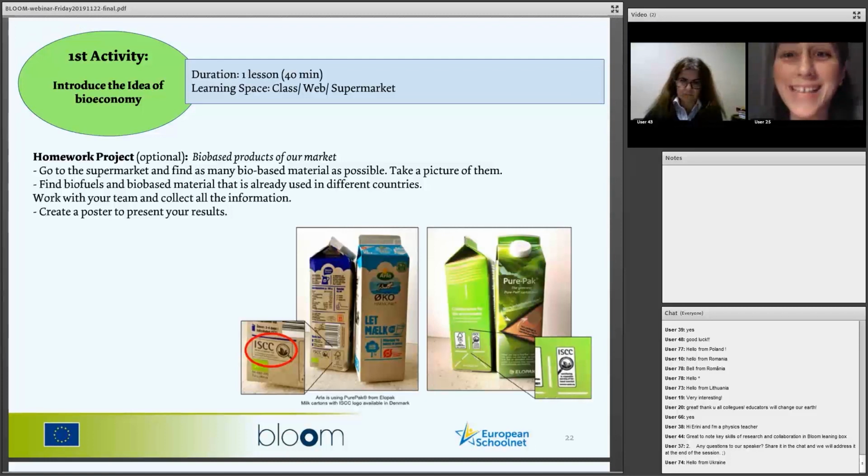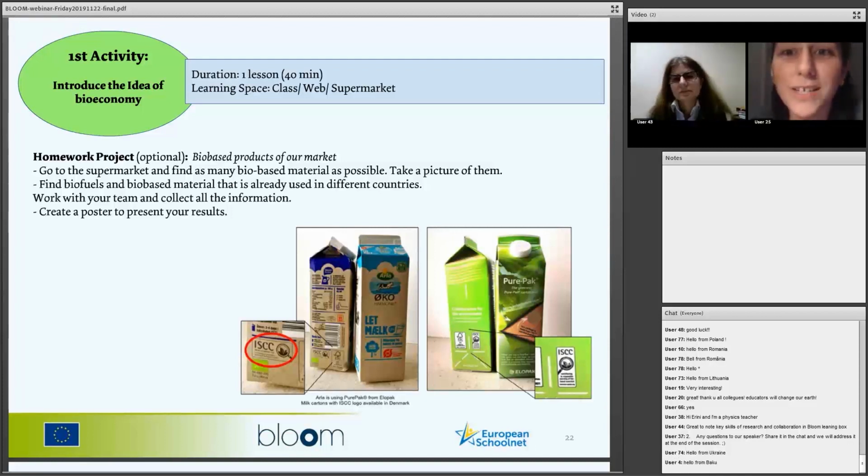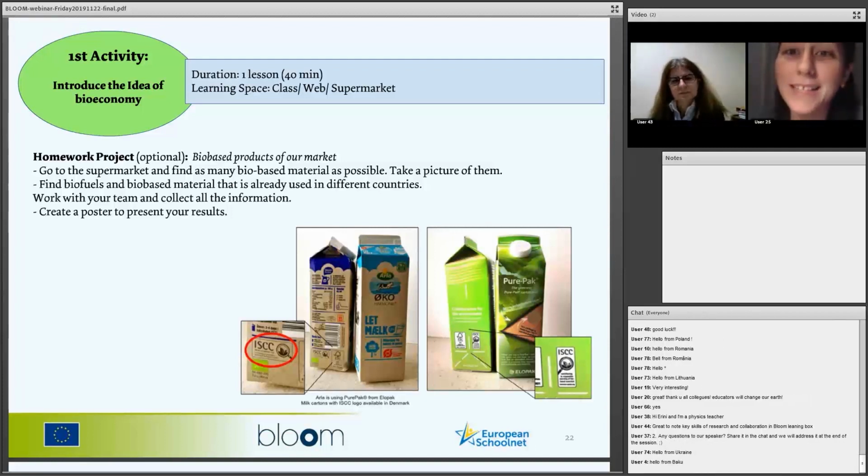They came back the next day and found egg packages made of bio-based products. They found toothbrushes made of wood. It was again really good, because we started discussing what a bio-based product really is.